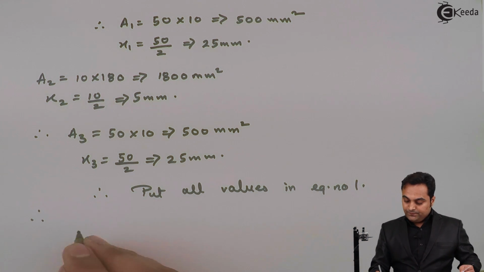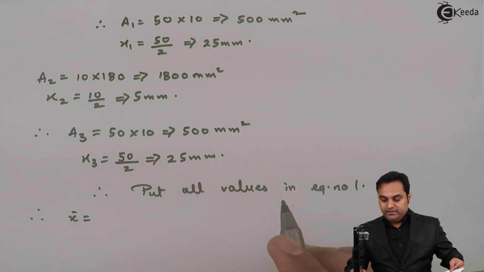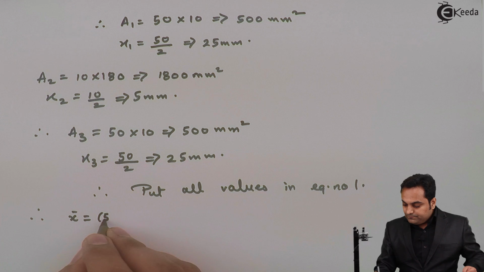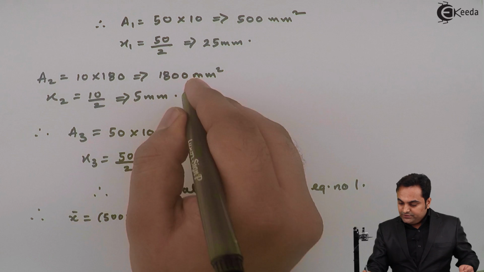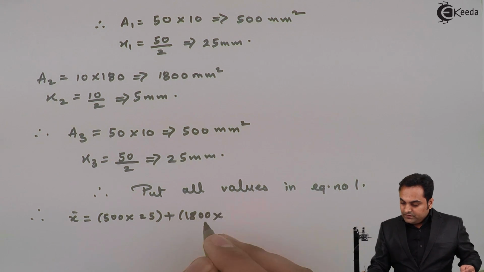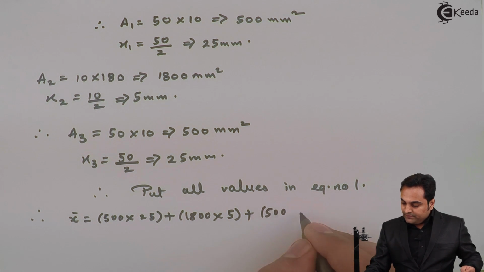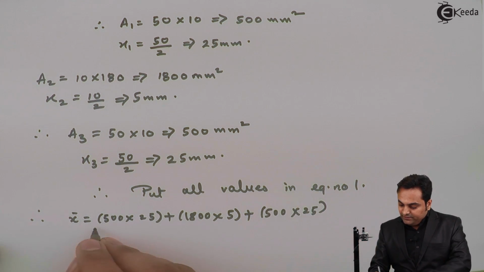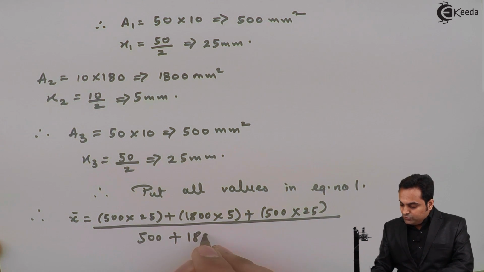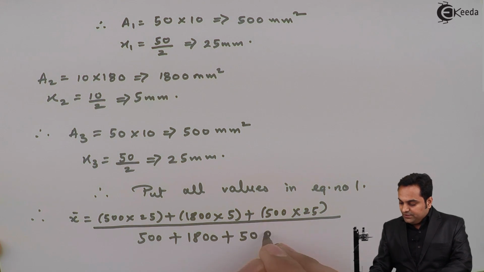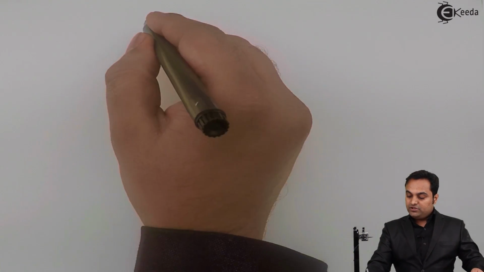So we have here x bar is equal to a1 into x1, a1 is 500 into x1 is 25 plus a2 is 1800, x2 is 5 plus a3 is 500 and x3 is 25, divided by area 1 plus area 2 plus area 3.